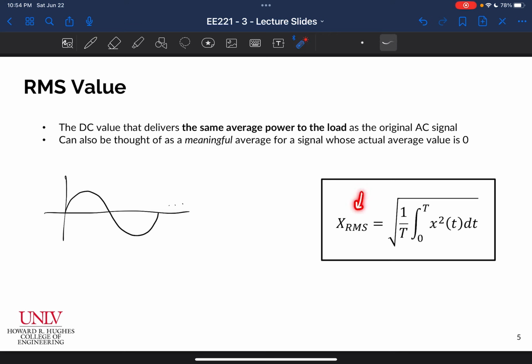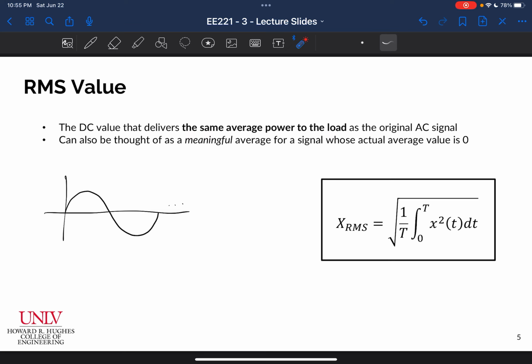So when we calculate the RMS, there will be no more dependency on time. It's just a theoretical DC value. It's not an actual DC source, but it's DC mathematically, in the sense that it doesn't change with respect to time. It's the DC value that delivers the same average power to the load as the original signal.